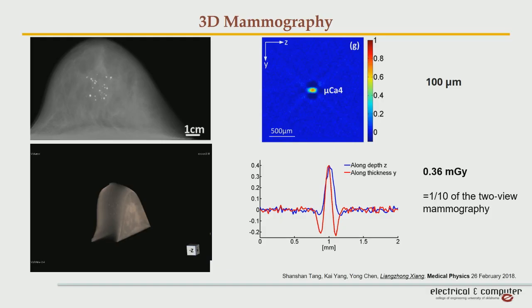Also, if you quantify it, the resolution of this XACT imaging is around 1 micrometer. It's close to breast CT. And more importantly, the radiation dose is just 0.4 milligray, which is a tenth of a typical 2D mammography. I have to admit that this is just computer simulation. We have to verify it with an experiment.